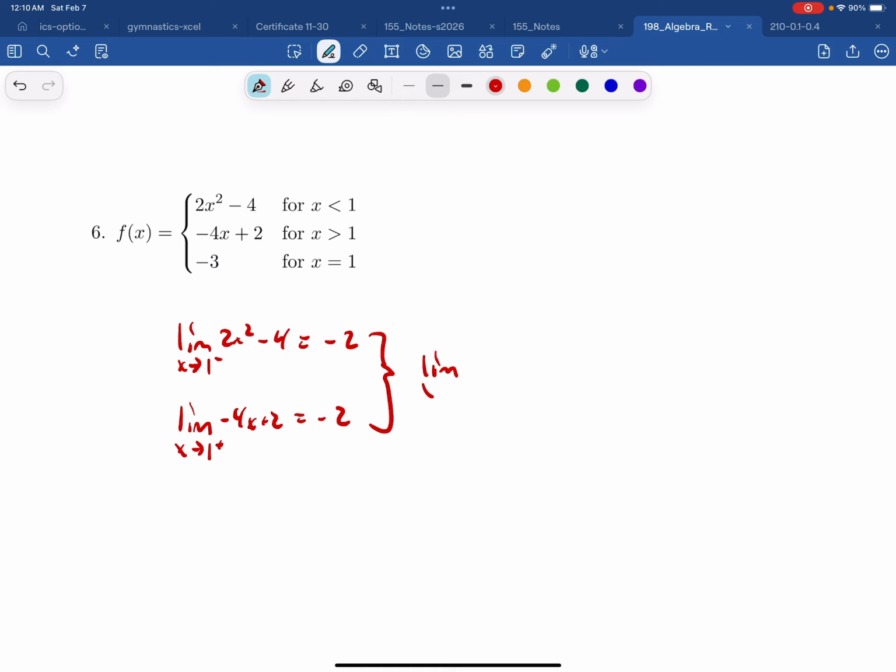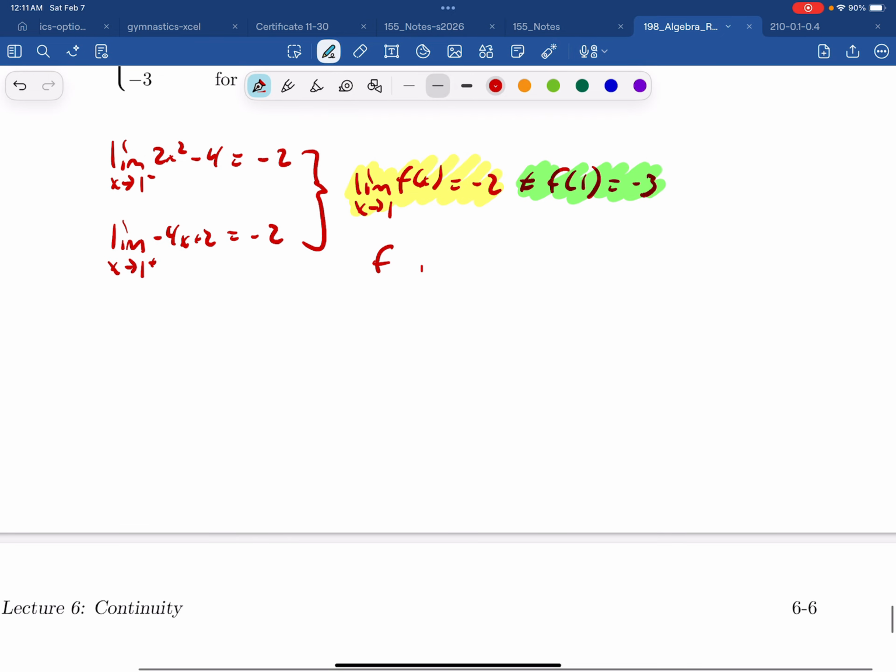Because the double-sided limit as x approaches 1 of f of x equals negative 2. However, upon further review, f of 1 equals negative 3. So if you thought f was continuous at 1, you were mistaken. F is discontinuous, or you can also write not continuous, at x equals 1.